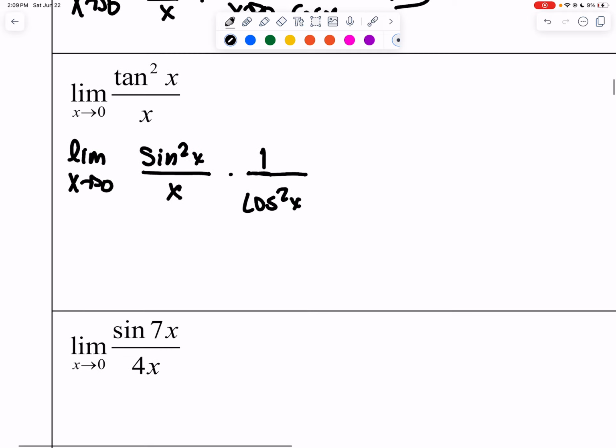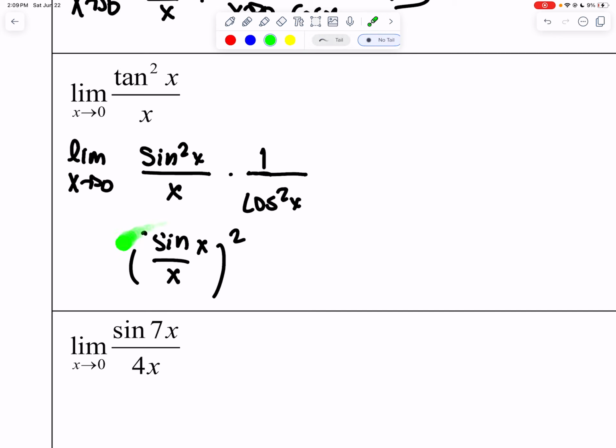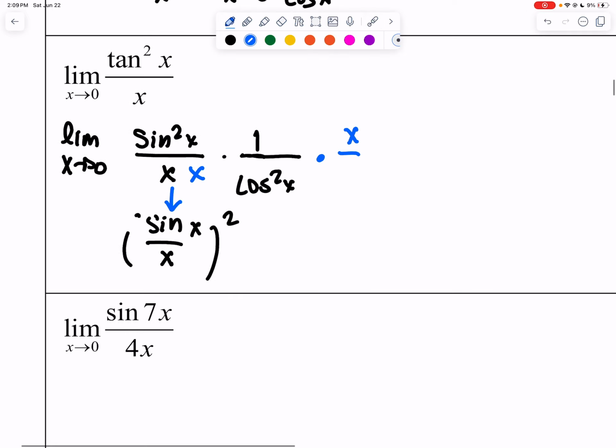What I want to do is essentially figure out how can I make sine x over x with a square. So this is my end goal, so that I can take out the square. Well, in order to take out the square, I'm going to need an x squared right here. I have an x. So what I'm going to do is go ahead and multiply by 1 using x over x, so that this x right here in the denominator goes with this right here. And this is going to give me this right here. So that's my first part. Now I have x over cosine square of x.